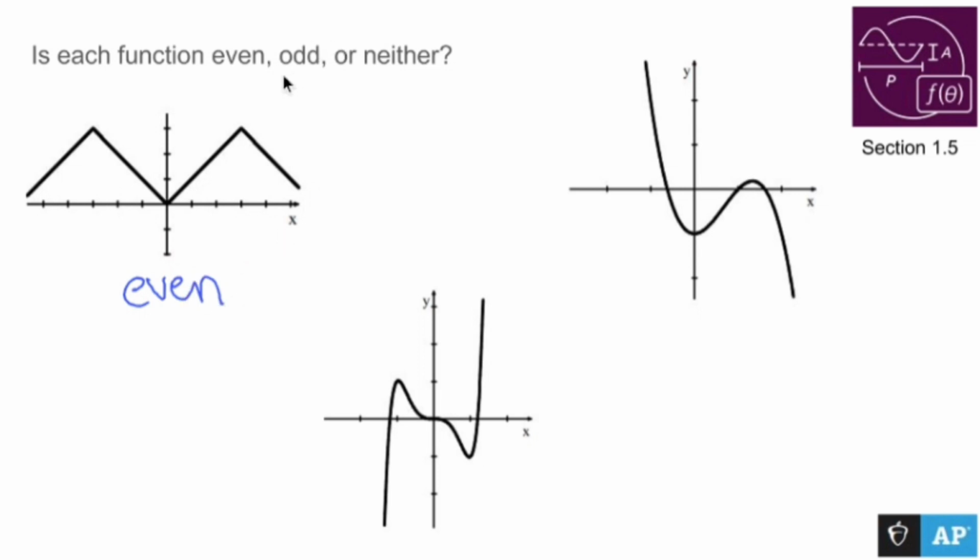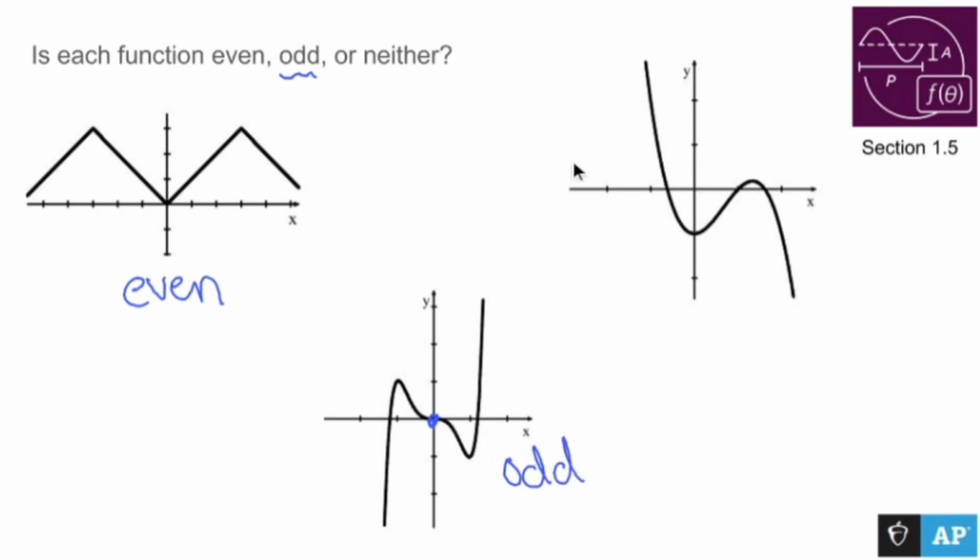An odd function is, can I take my picture and spin it upside down and get the same exact thing? When I take a look at this guy, although it's not so obvious, if I were to take this picture and spin it upside down, since it goes through 0, 0, I get the same exact thing, it appears that this one is odd.